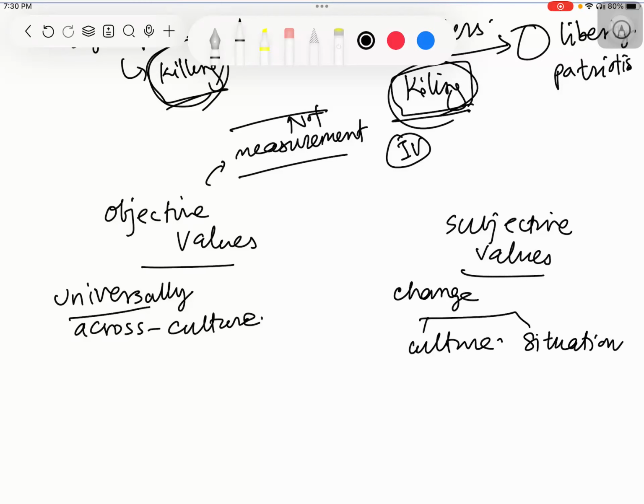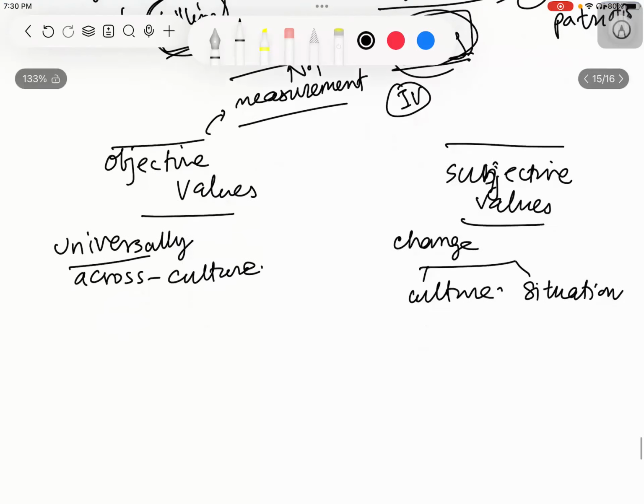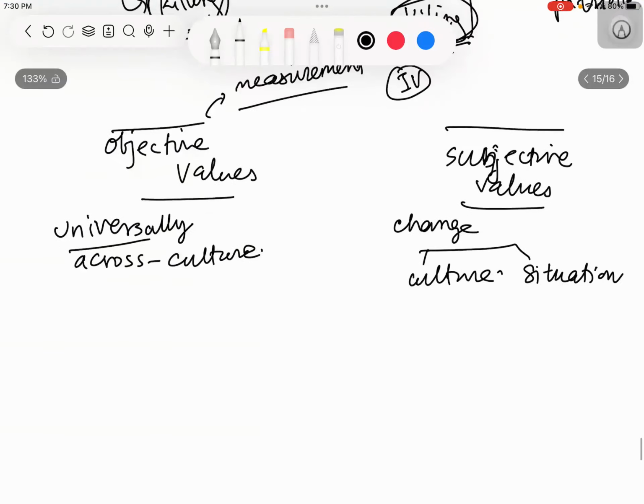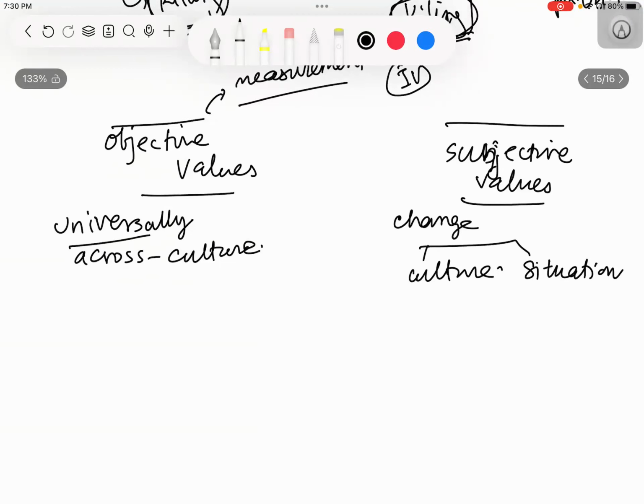In that sense, if you see, most of the values are usually subjective. There are very few values which can be called objective, and in fact there are one or two values only which can be called absolutely objective. But again you will see, depending on the situation, someone else might argue that this should not be objective, and the best case for this is sanctity of life.